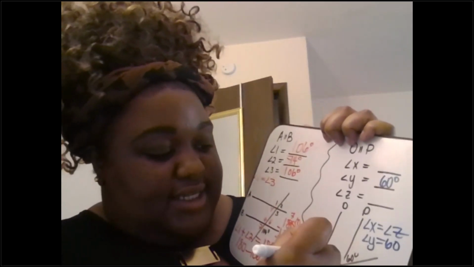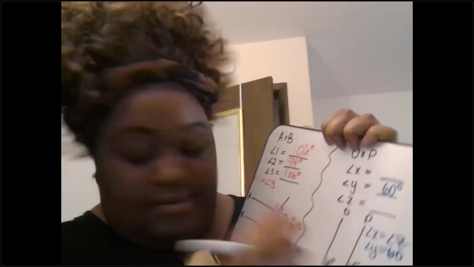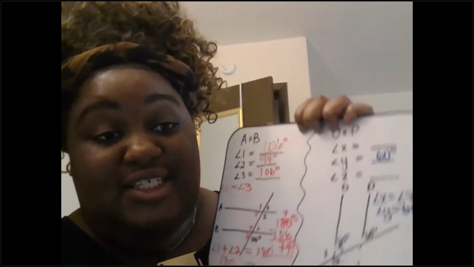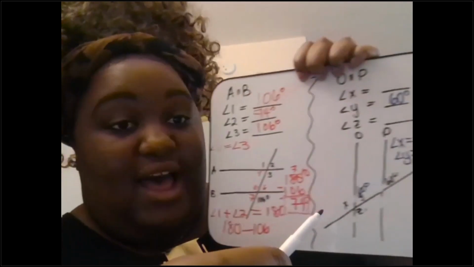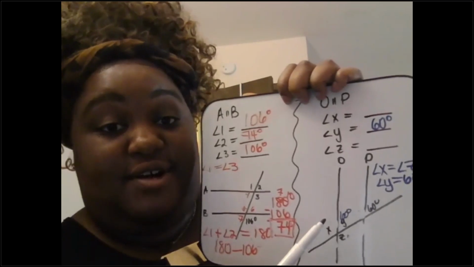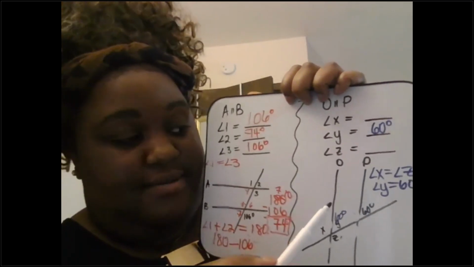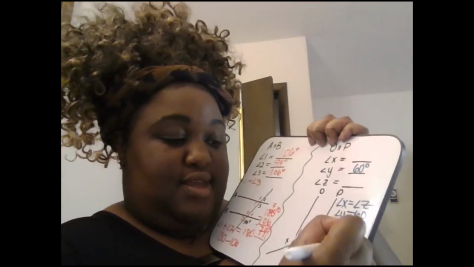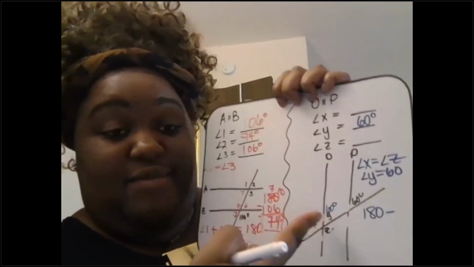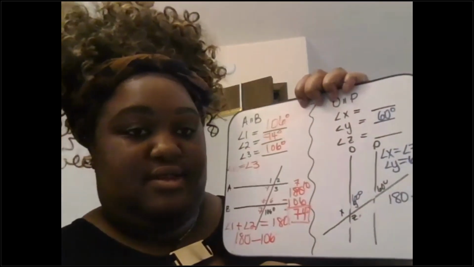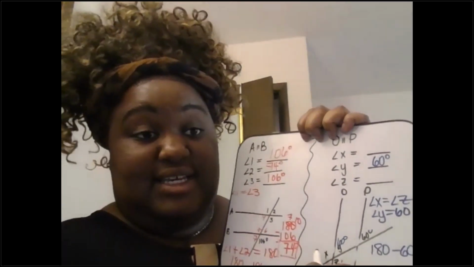Okay. So now I know that Y is 60 degrees. And if you look at this, X and Y, remember in our relationships, X and Y are supplementary. So that means the larger angle they form is 180. So I can do 180 minus the angle that they gave me, which I figured out, which was 60. And that'll give me what angle X is.